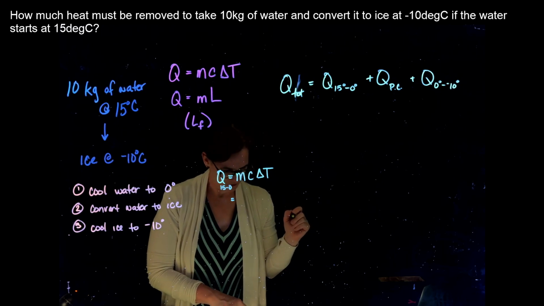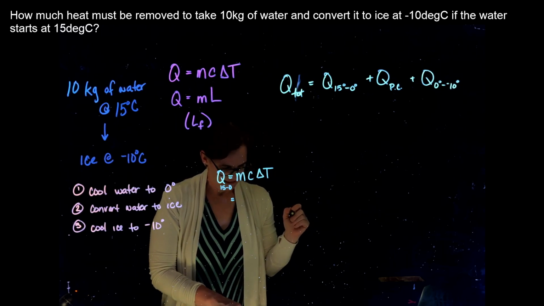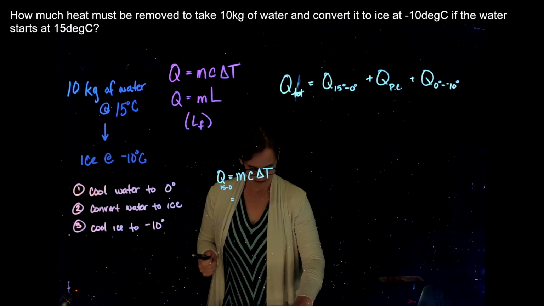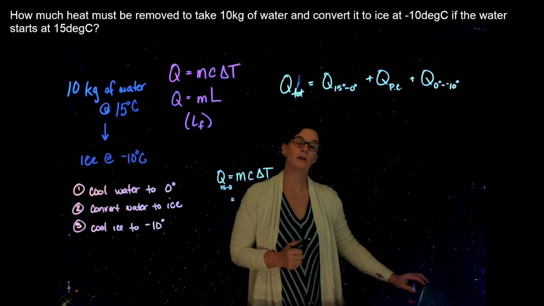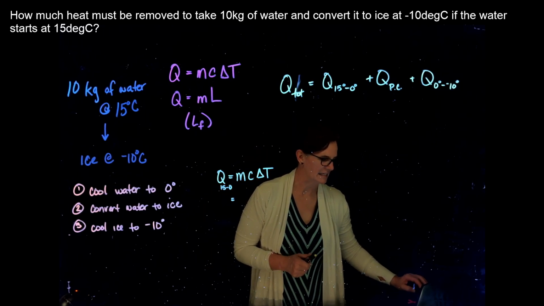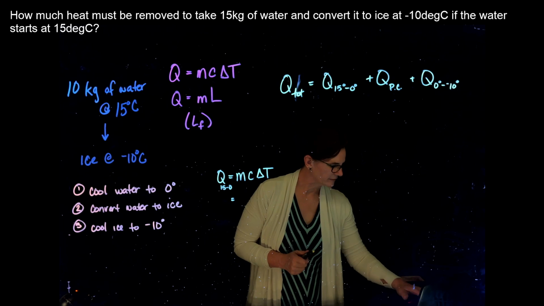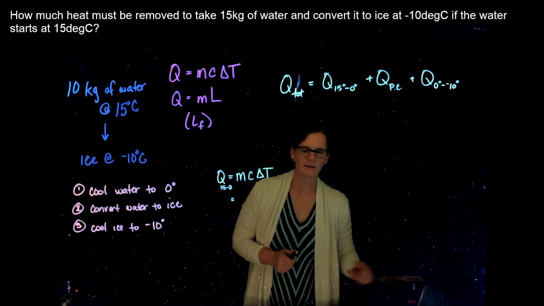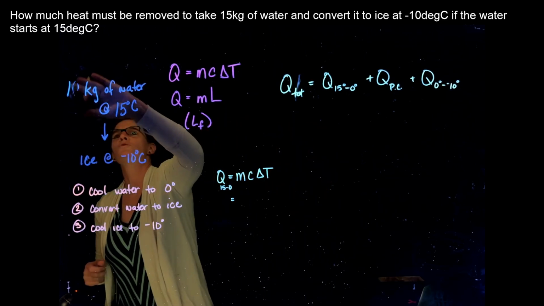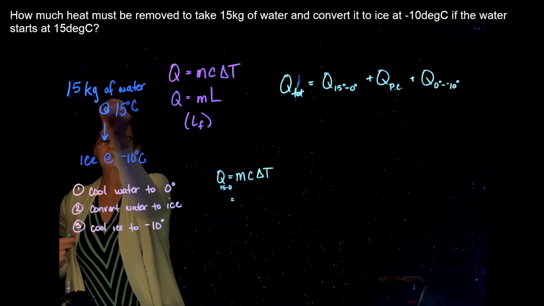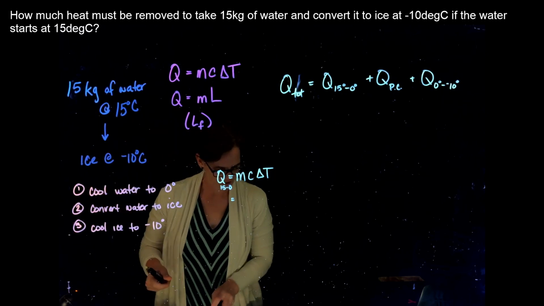The mass of the water is 10 grams. 15 grams is what I have calculated. So we are going to change this number to 15. Easy fix, because I don't have a calculator in front of me. All right, to recalculate it.